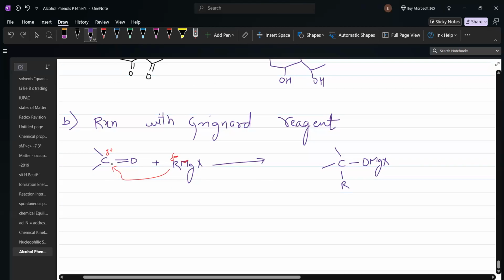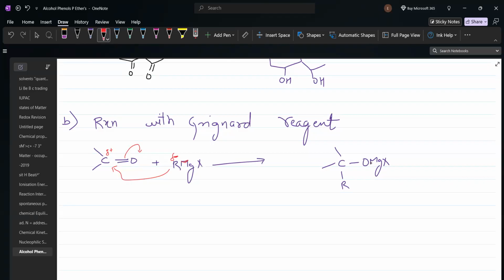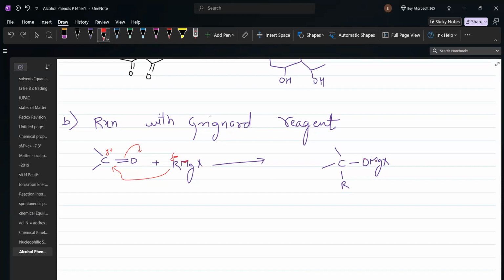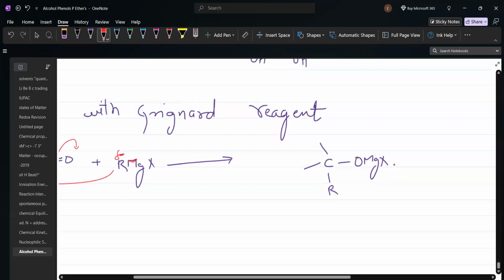This R will attack on this carbon, and the double bond will break, and oxygen will have a negative charge. This oxygen with negative charge gets attracted to magnesium, which has a positive charge, so this oxygen will attack on that magnesium, and this one will be the product. Understood everyone? Yes, sir.